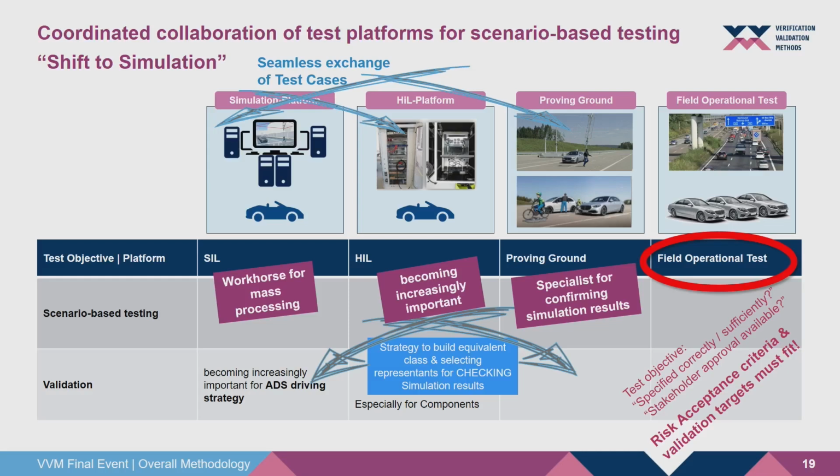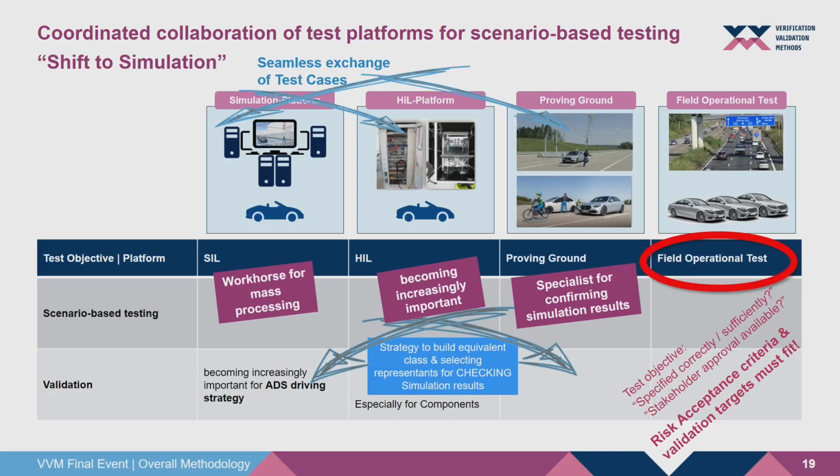In some sense, I explained this slide before. The workhorse for the mass processing of data is the software in the loop testing. The proving ground test platform is the specialist to confirm the results we get in simulation, and the hardware in the loop test platforms develop to another platform that could support proving ground aspects for some components.